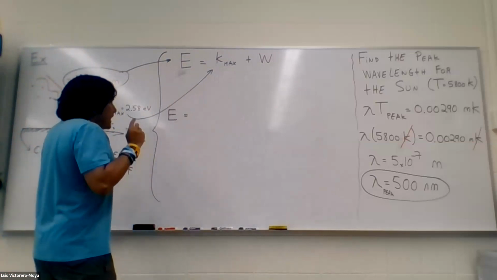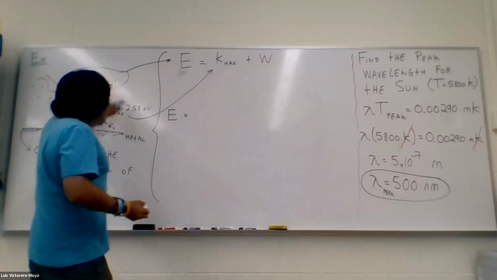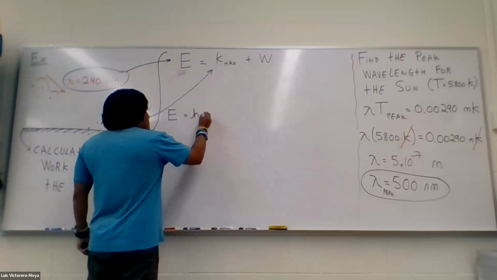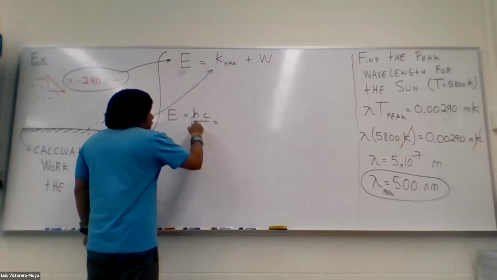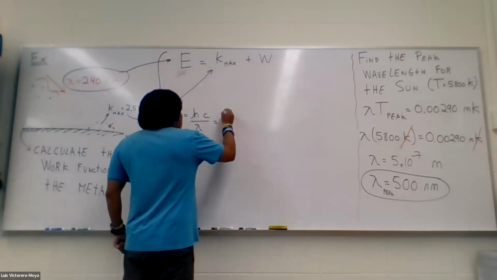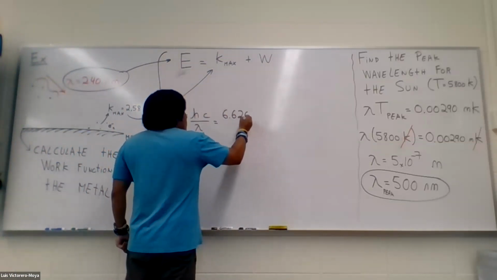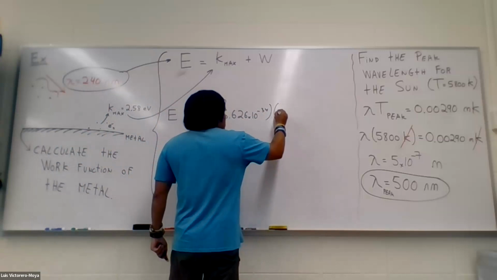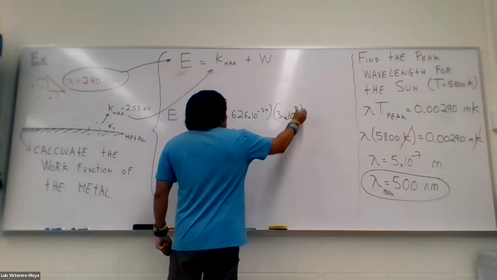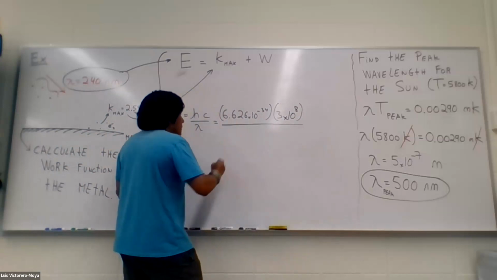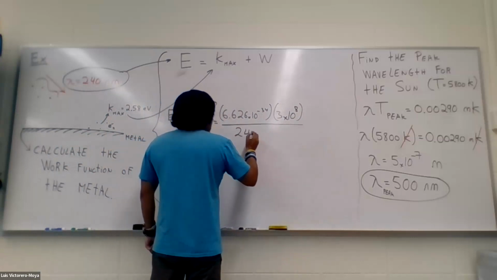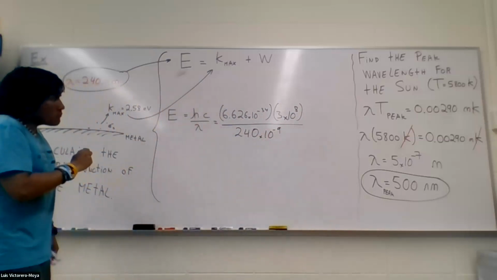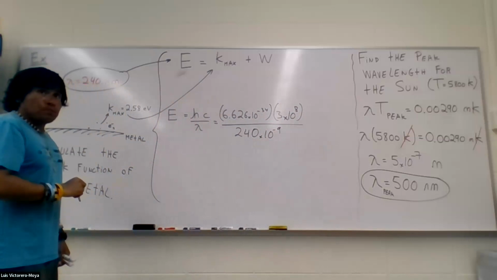Well, the energy is h times frequency, but we're given the wavelength, so let's use hc over lambda. This is your h, this is your speed of light, and the wavelength has to be in meters. But that will give you energy in joules.